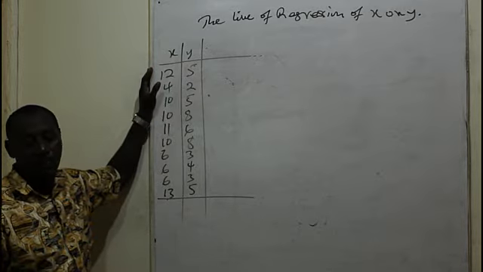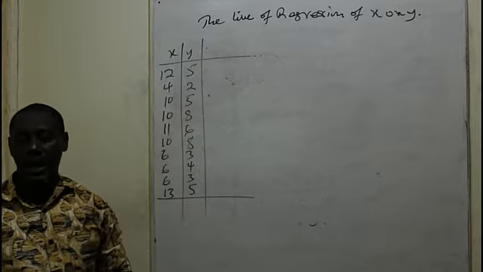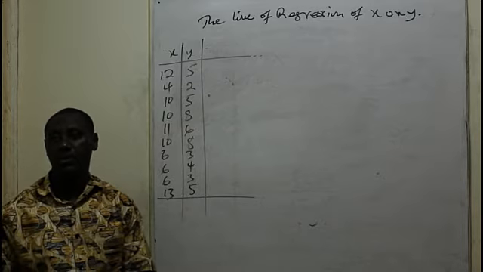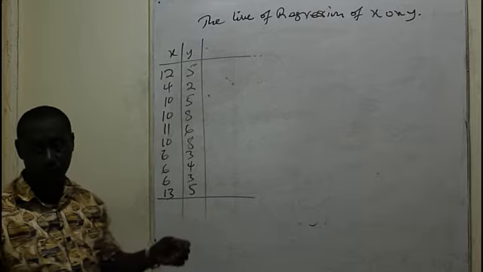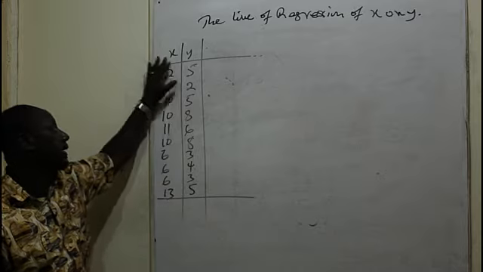So we are denoting the along by the x and then the across by the y.